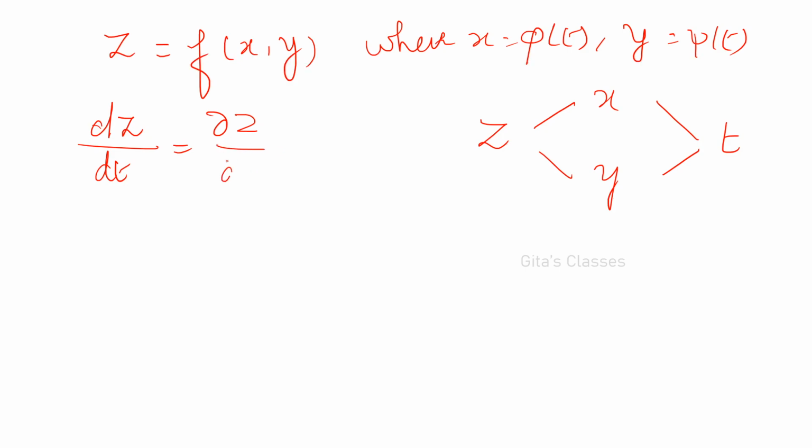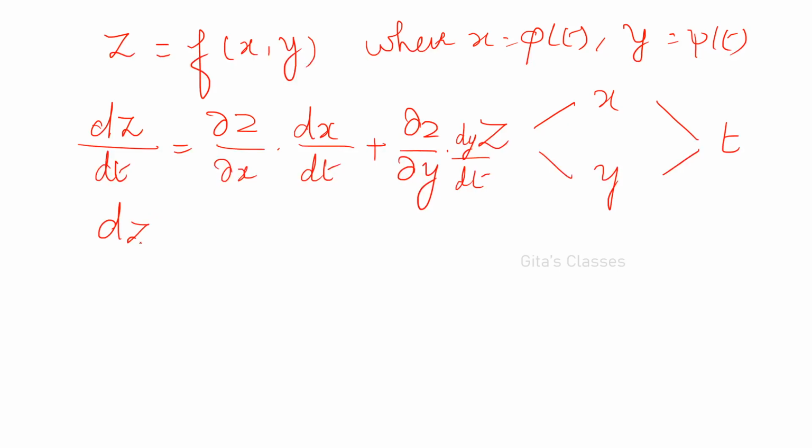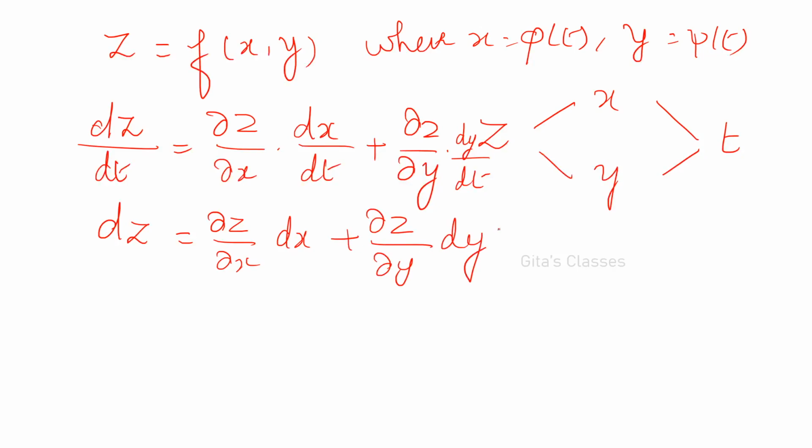So dou z by dou x into dx by dt, since x is a function of a single variable, plus dou z by dou y into dy by dt. Or you can simply write it as dou z by dou x into dx plus dou z by dou y into dy. This is called total differentiation.